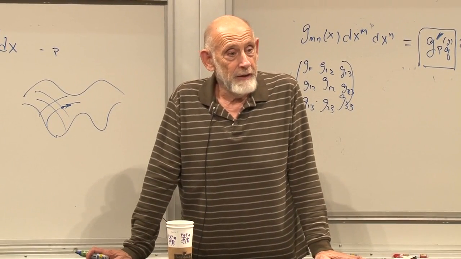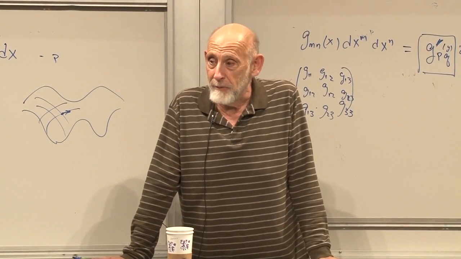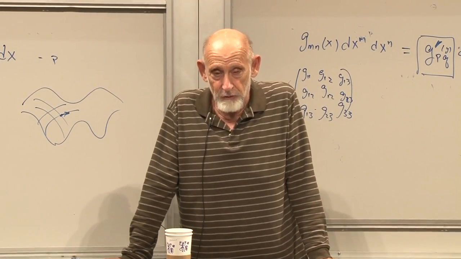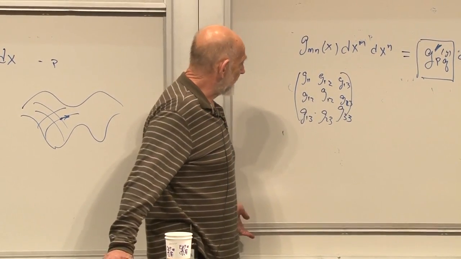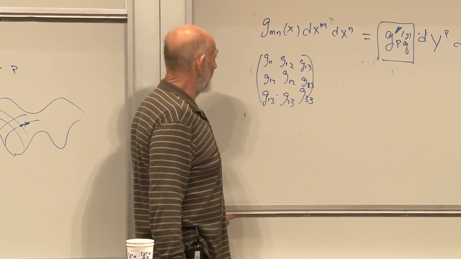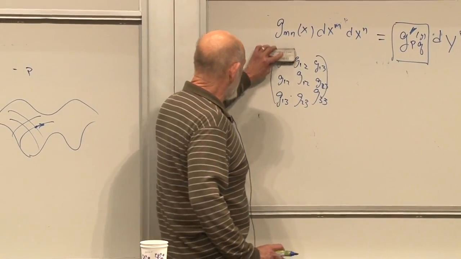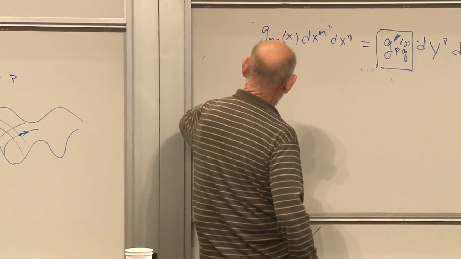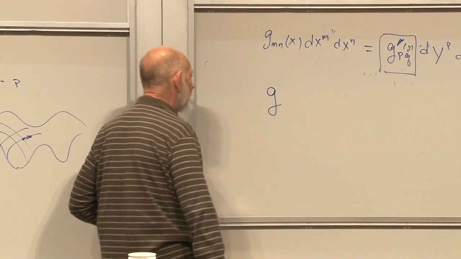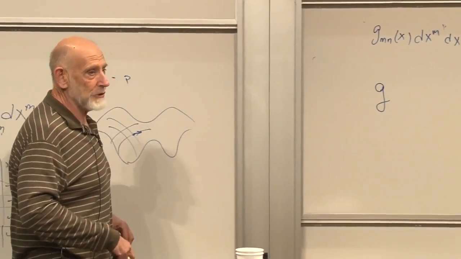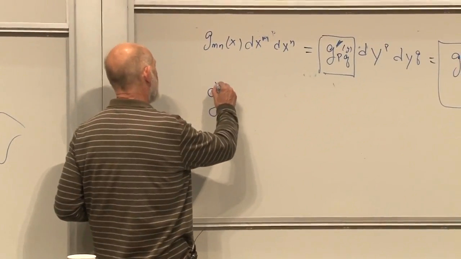That means that there's a matrix which when you multiply by the metric tensor, by the metric matrix, gives you the unit matrix. I'm going to write the equation down, and then we'll see what it means. The inverse matrix to the metric tensor is also called G, but you put the indices upstairs.